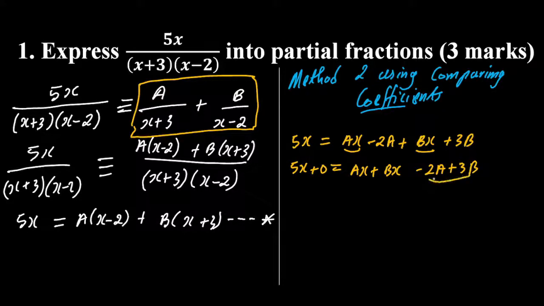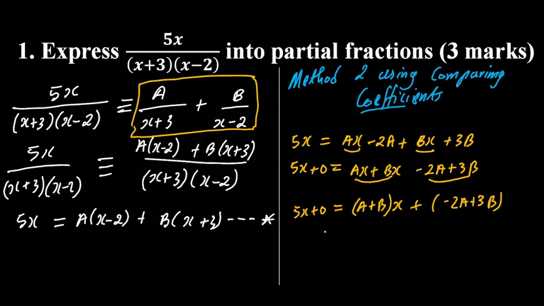We see that these are the constant terms and these are the terms in x. So we have 5x plus 0 equal to, x is common, (A plus B) into x plus (negative 2A plus 3B).